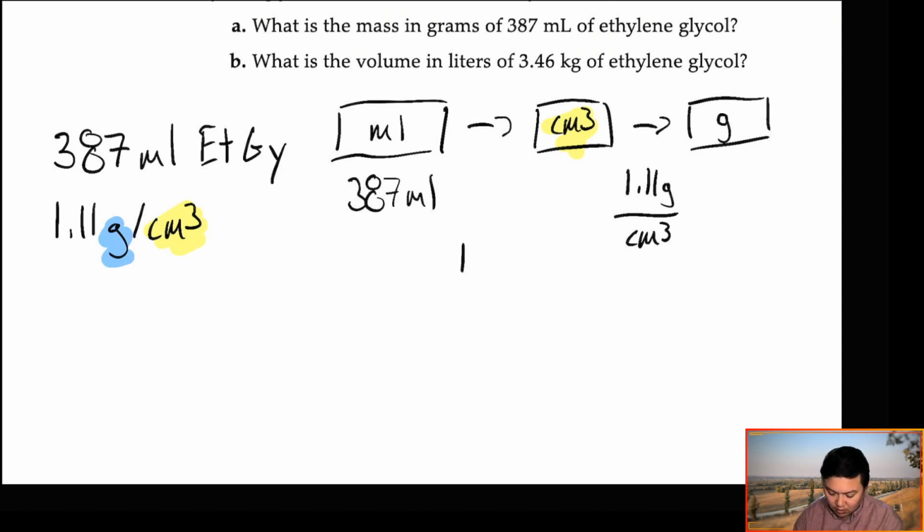So we'll put 1 milliliter on the bottom, and then we'll have 1 cubic centimeter on top. And so you can see if we go through here, our milliliters cancel, then our cubic centimeters cancel, and we will end up with grams. Does that help?